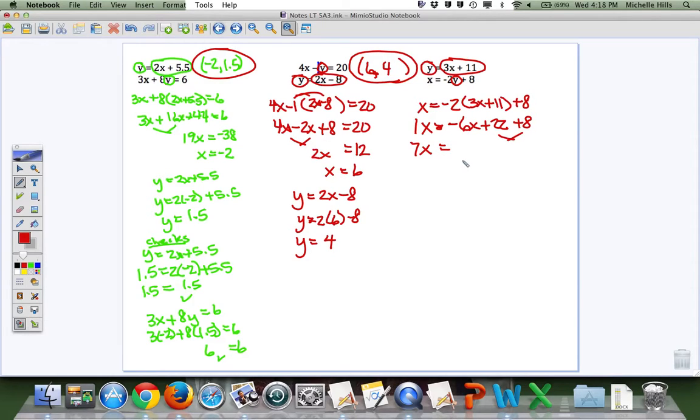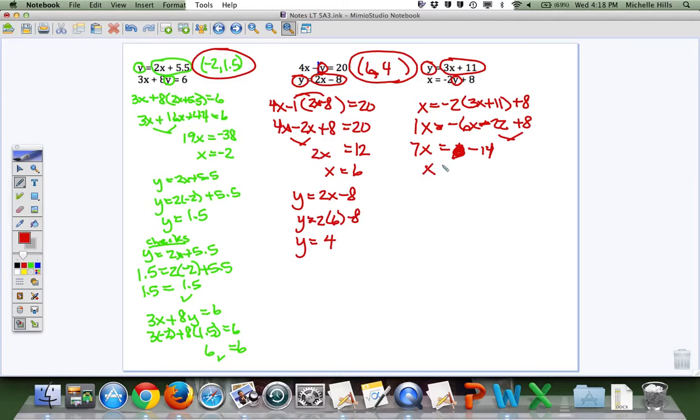And then I add these terms together, minus 22 plus 8. Negative 22 plus 8 is negative 14. So if you didn't catch that mistake and fix it already, negative 2 times positive 11 is a negative 22.